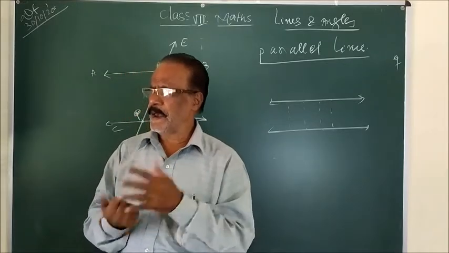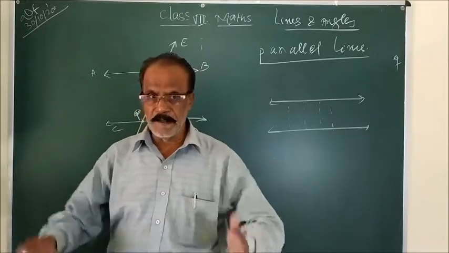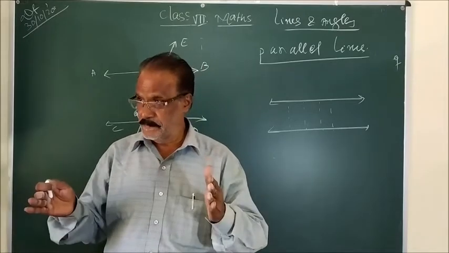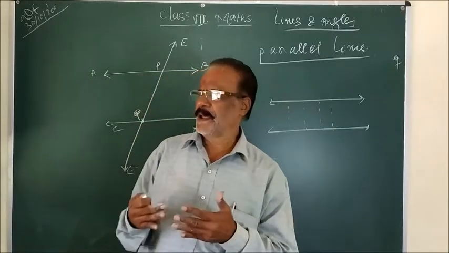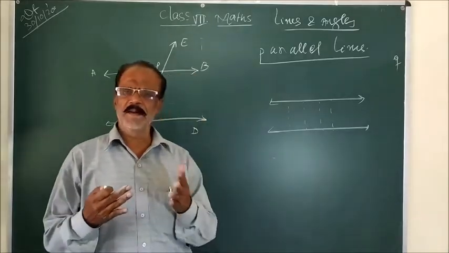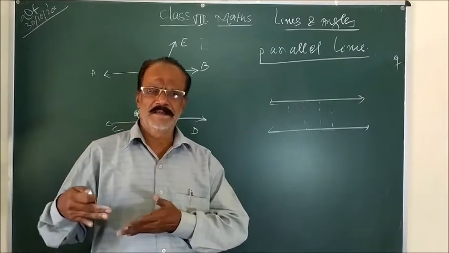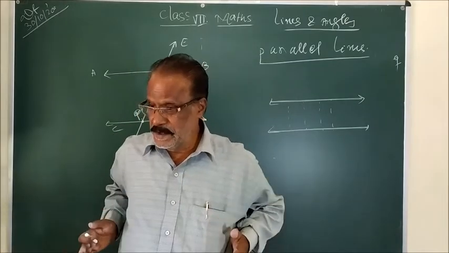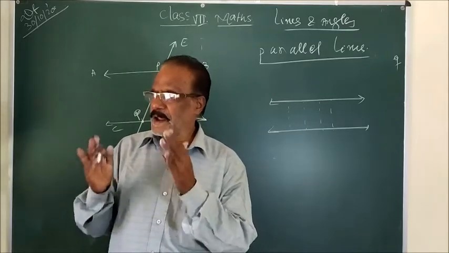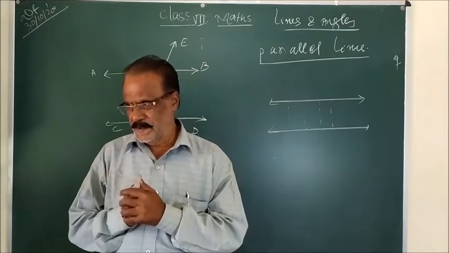You can compare the edges of the table, length edge or breadth edge. They are similar examples by which you can understand parallel lines. Railway track, you see, they are parallel lines.